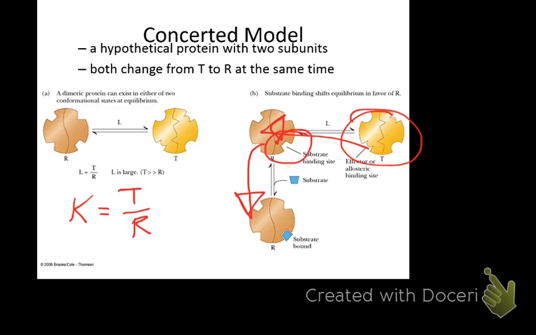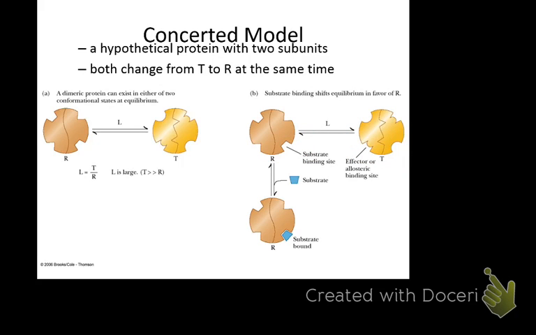And you can also have things that are called activators. So if we imagine we had an activator that preferentially bound to the R state, then we can even have it add another one. This is R with an activator. And that makes it even easier for it to bind substrate.